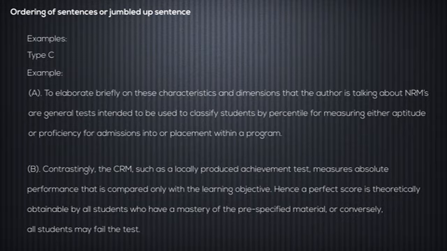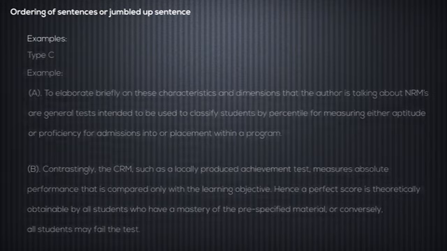B. Contrastingly, the CRM, such as a locally produced achievement test, measures absolute performance that is compared only with the learning objective. Hence, a perfect score is theoretically obtainable by all students who have a mastery of the pre-specified material, or conversely, all students may fail the test.